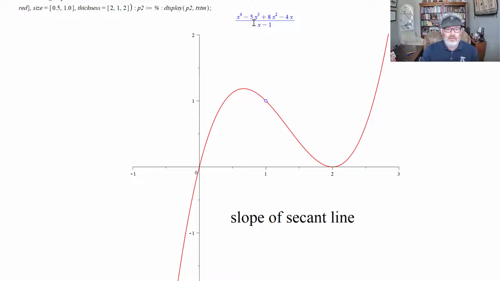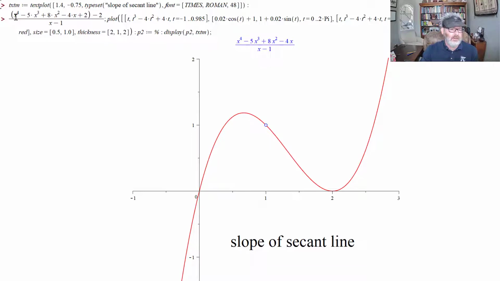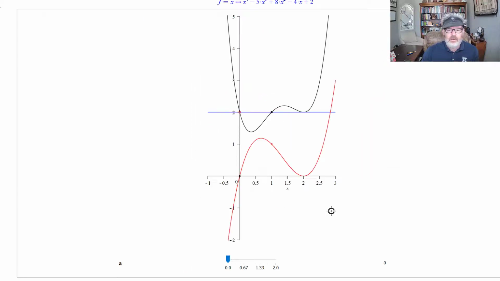And that's what I have graphed here. The 2's actually canceled. I actually have the fourth degree polynomial minus 2 divided by x minus 1, but in the output the 2's canceled, so the output just showed this. And so this gives me the slope of the secant line.